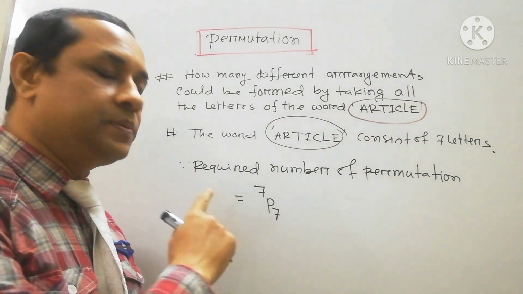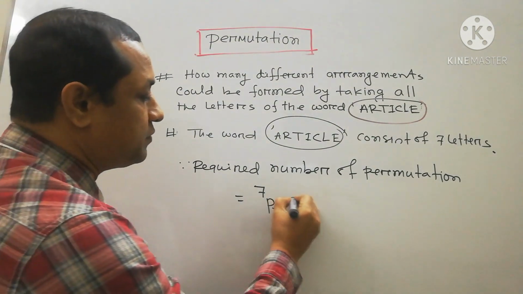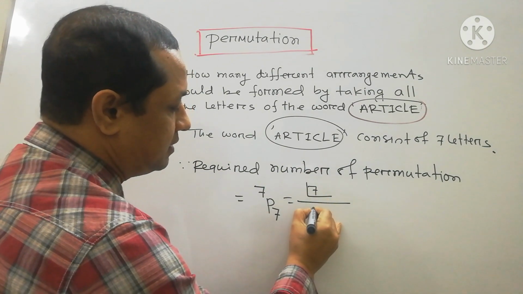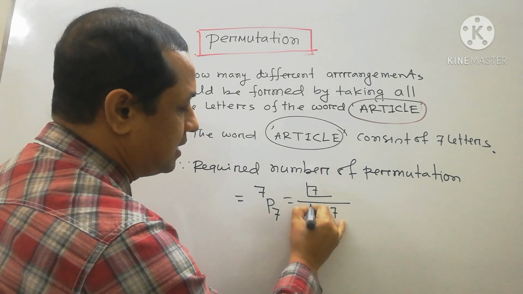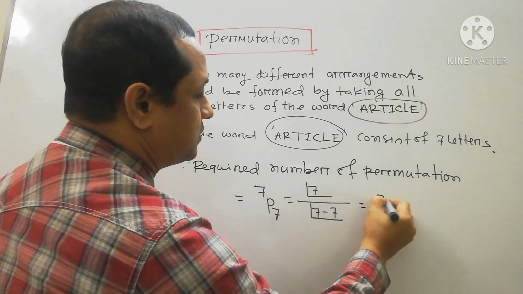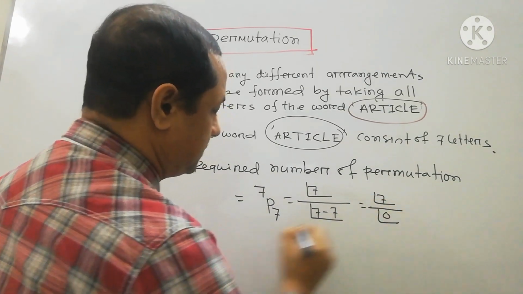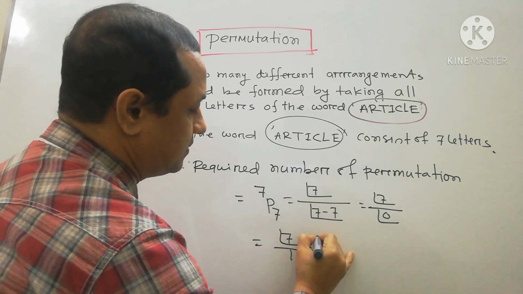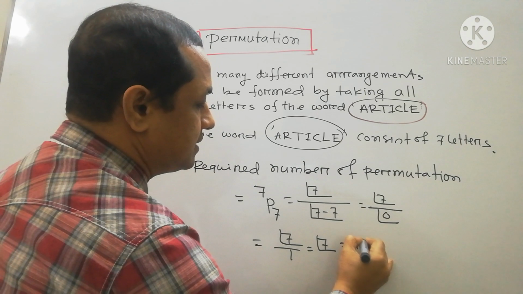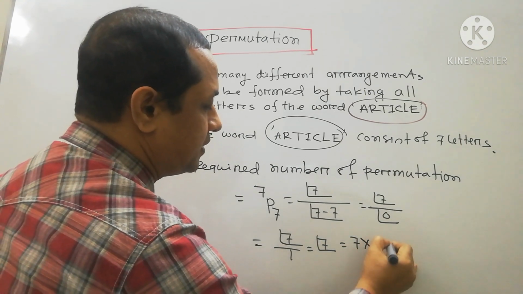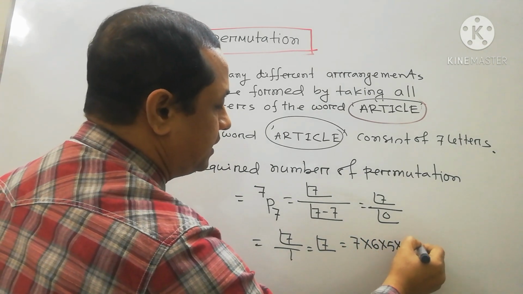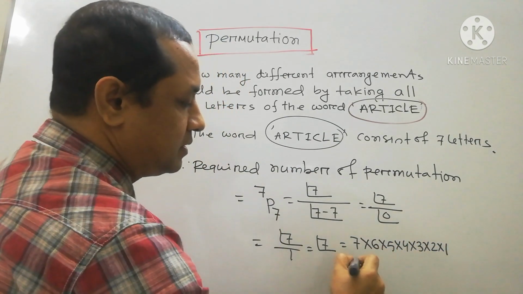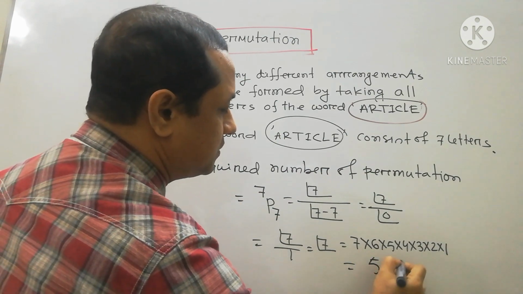Now we have 7P7, then using the formula nPr, here n is 7, factorial n by factorial (n minus r), r means 7. So factorial 7 by factorial 0 equals factorial 7 by 1. Factorial 7 means 7 × 6 × 5 × 4 × 3 × 2 × 1, so the result will be 5040.